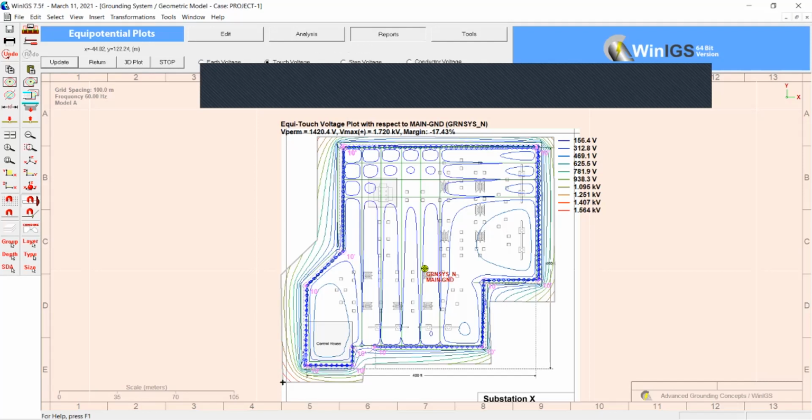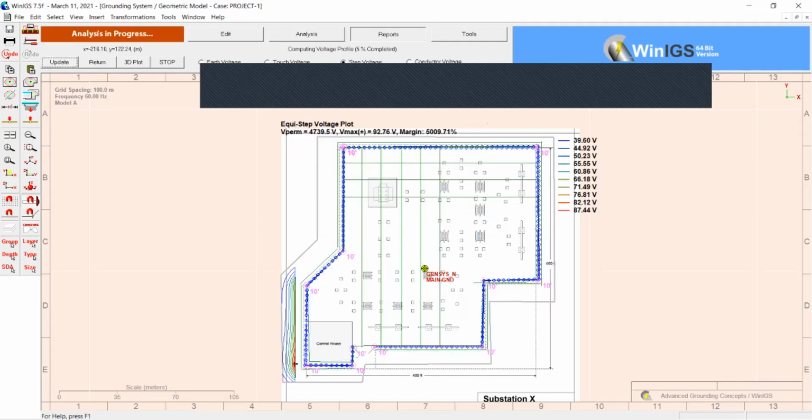Now next step is step voltage. You select it and update. That's what we'll have.